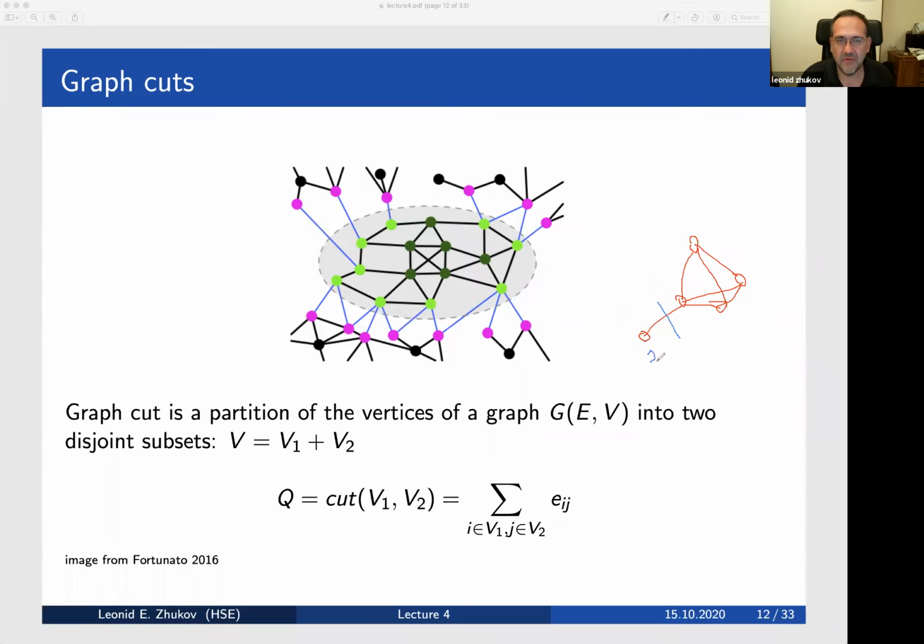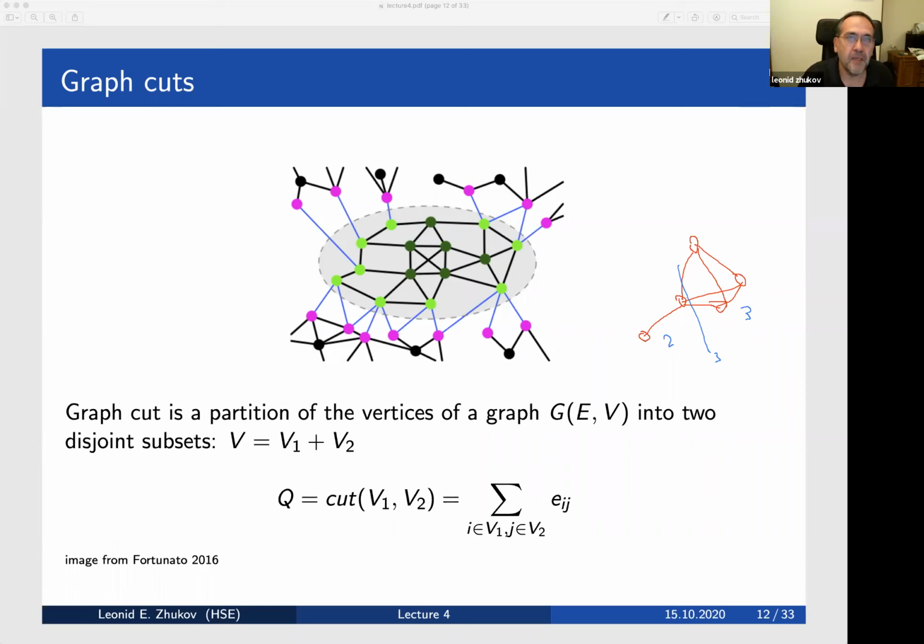One subgraph of this node 1, and the other subgraph with 4 nodes. Okay? Or I can actually cut it here, and then I separate the graph into a subgraph with 2 nodes and 3 nodes, and the weight of this cut is 3, because I had to cut 3 edges to split this. Make sense?